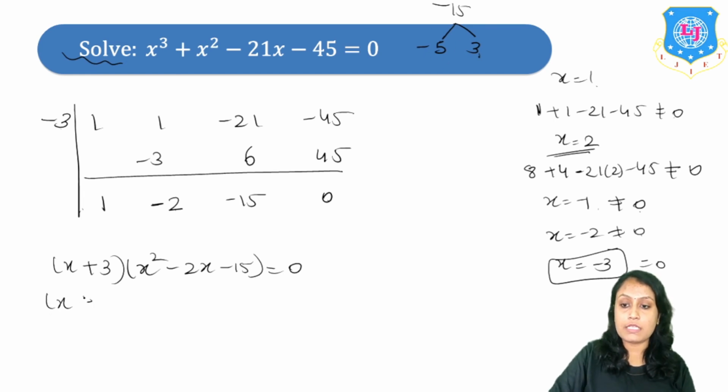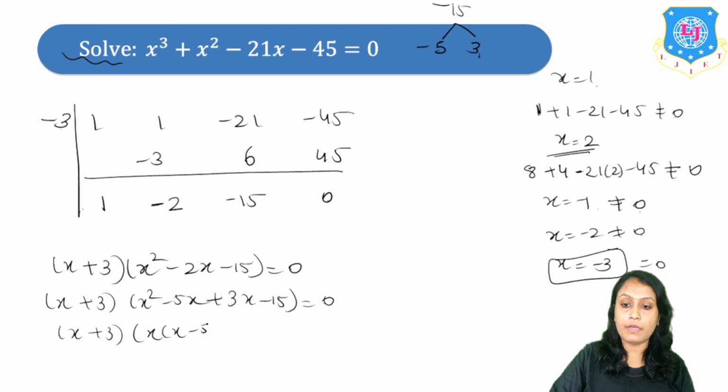So this is x plus 3, and here we have x square minus 5x plus 3x minus 15 equal to 0. Simplify further. Take x common: x into x minus 5 plus 3 into x minus 5 equals 0. So from this, x plus 3 into x minus 5 into x plus 3 is equal to 0.